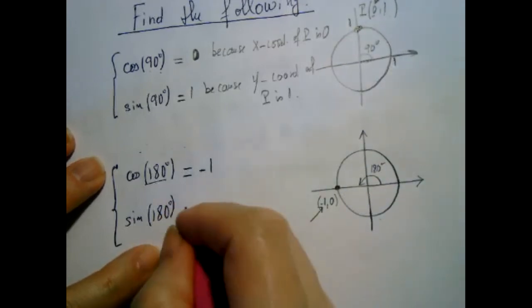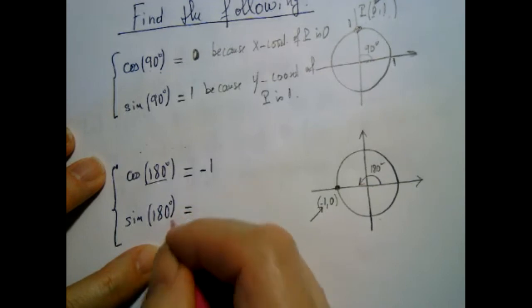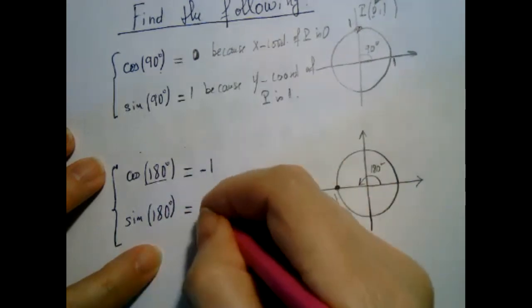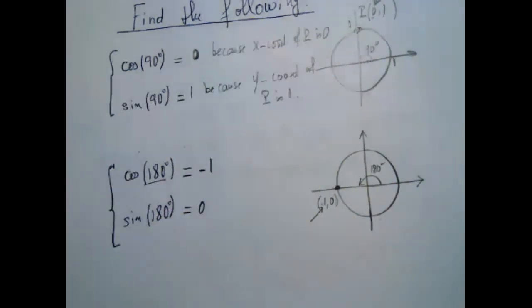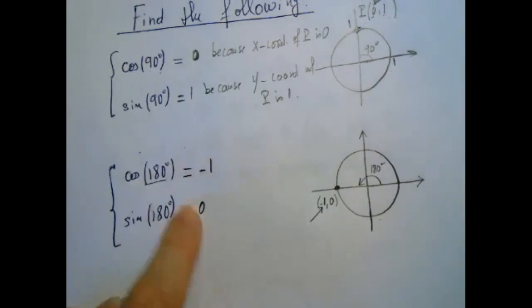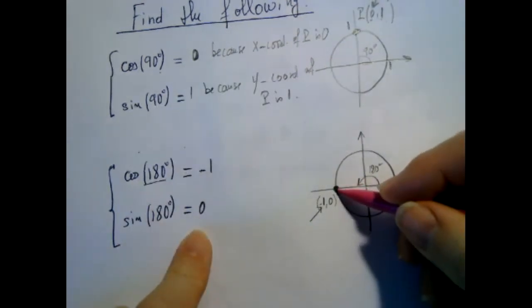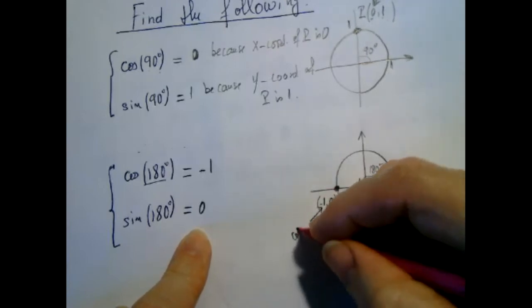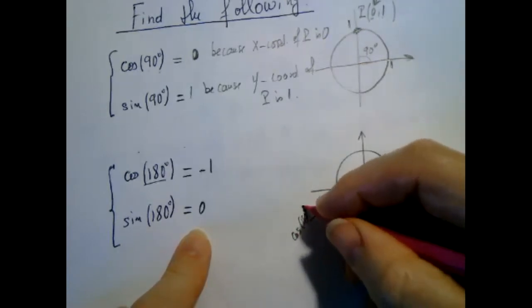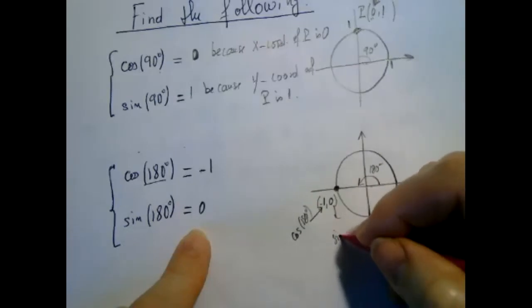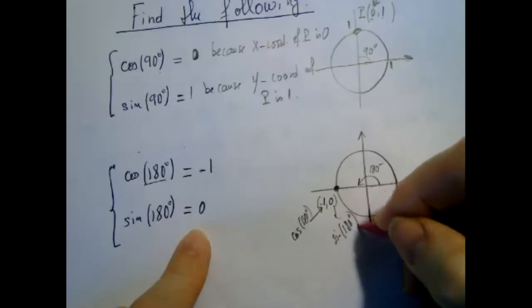Okay. What's the sine of 180? 0, because that's the y coordinate. So you don't even have to memorize those numbers, because you can just immediately figure them out. You want cosine 180, you go back to your picture. Which point P am I interested in? That's the point P. This is the cosine, the x coordinate, and this is the sine. All right.